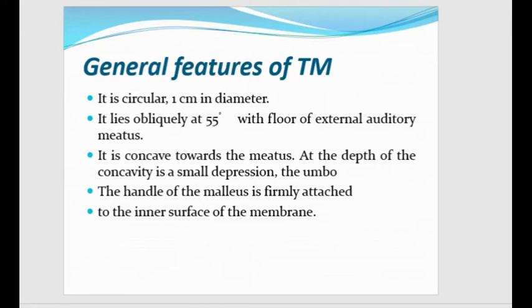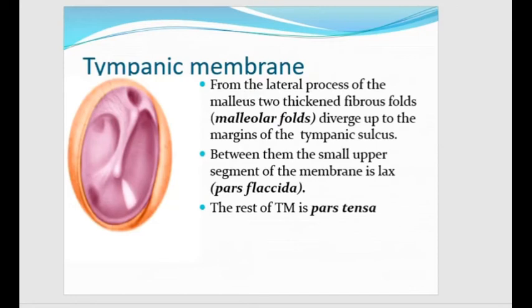The handle of the malleus is attached firmly to the inner surface of the membrane, the pars tensa that we talked about. From the malleus, two fibrous processes extend, which we call malleolar folds, to the margins of the tympanic annulus.